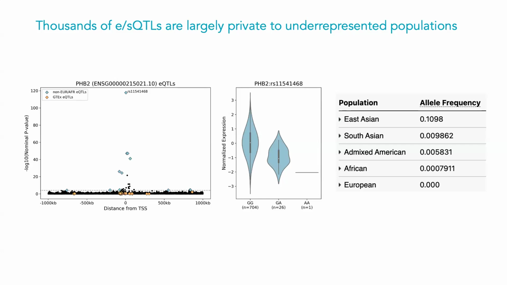The reason it was not identified is because the minor allele, this A allele, if you look at the frequencies across the different continental groups in an outside data set, or I guess you could also look even within this data set, you see that this variant is restricted or geographically stratified and private, essentially, to East Asian populations. And because that population was not well represented in GTEx, those types of variants are simply going to be missed.